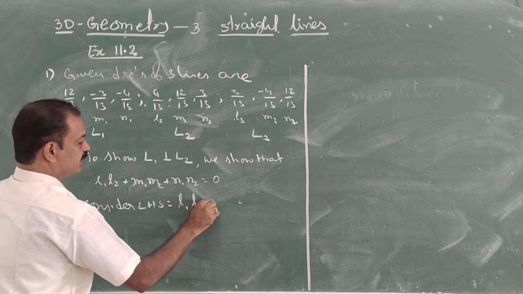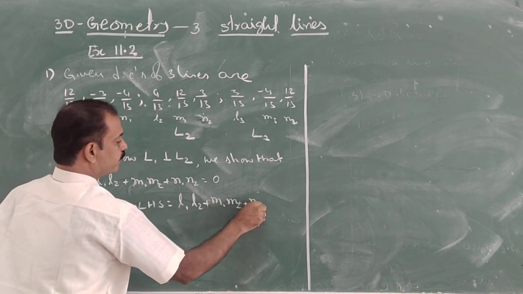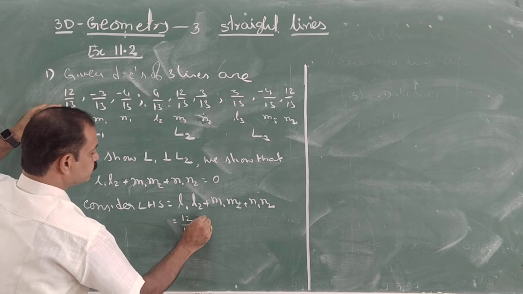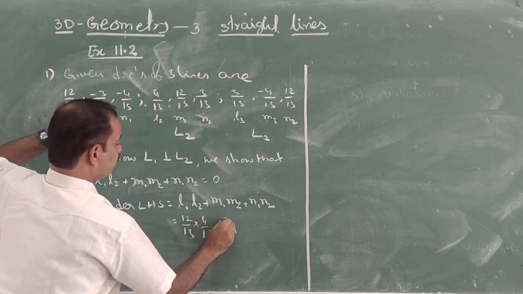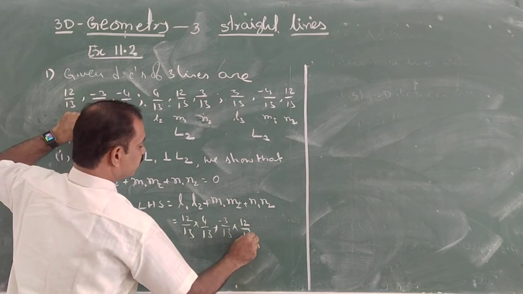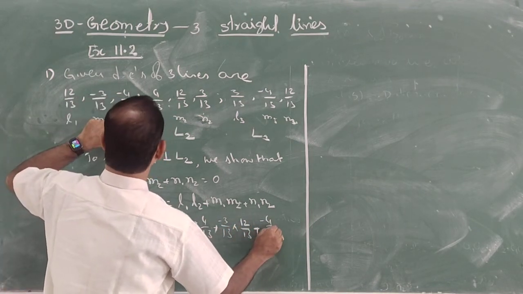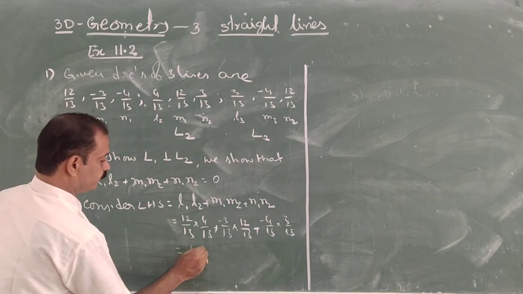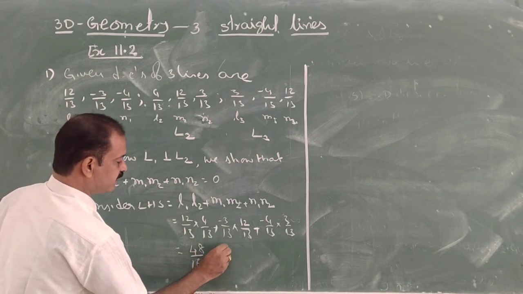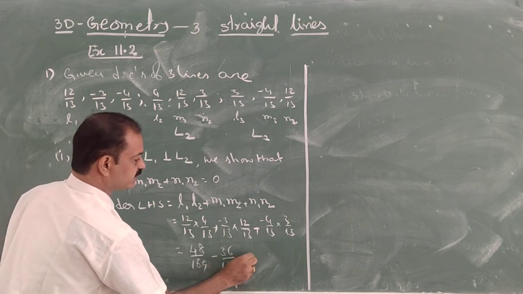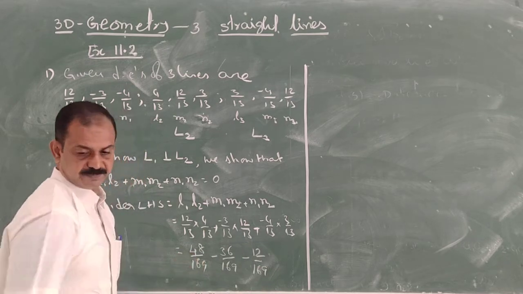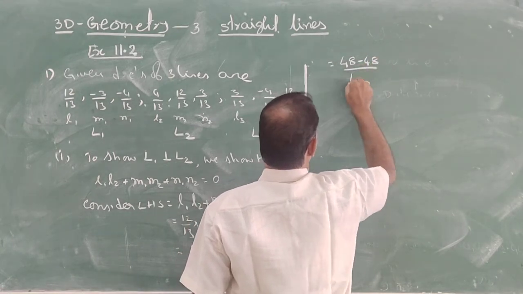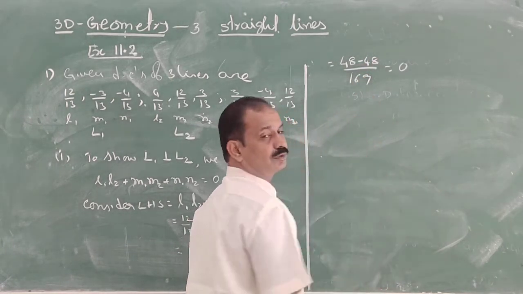LHS is equal to l1 l2 plus m1 m2 plus n1 n2, which is equal to, substituting the values, 12 by 13 into 4 by 13 plus minus 3 by 13 into 12 by 13 plus minus 4 by 13 into 3 by 13, which is equal to 12 fours, 48 by 169 minus 36 by 169 minus 12 by 169, which is equal to 48 minus 48 by 169, which is equal to 0.